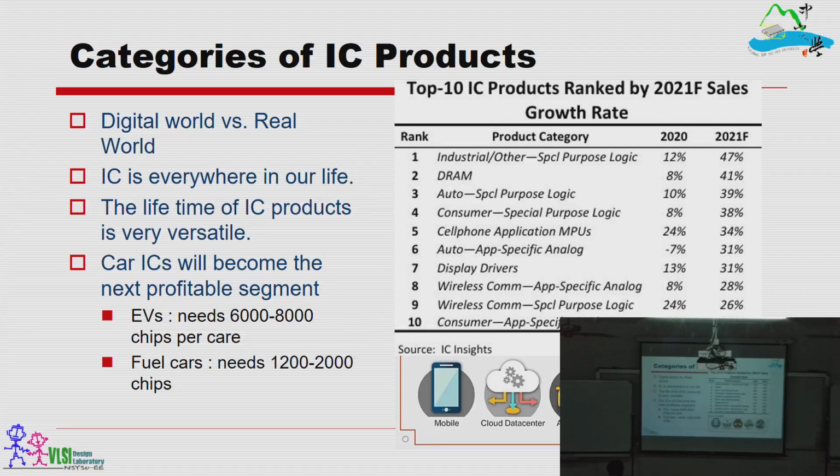This is a growth rate. The top 10 is from 2021, about 2 years ago, so it's very new. These are the top 10 growth rates ranked by sales. See that? The first one is special purpose logic, microprocessor. Number 2, memory, DRAM. Then auto, which means a car, consumer, the cellular phone, auto, display, wireless, and consumer.